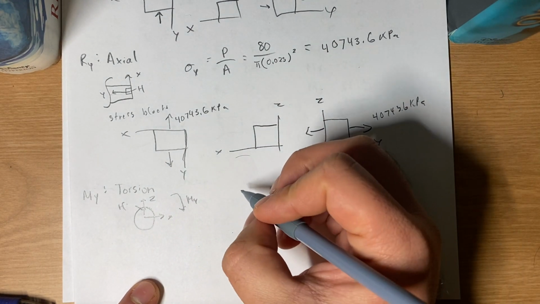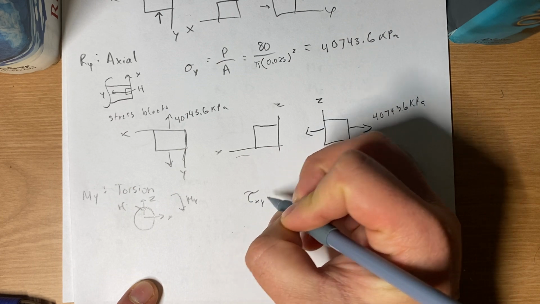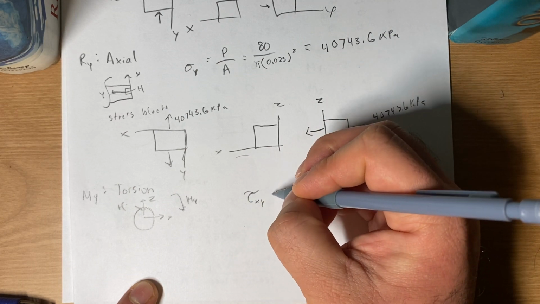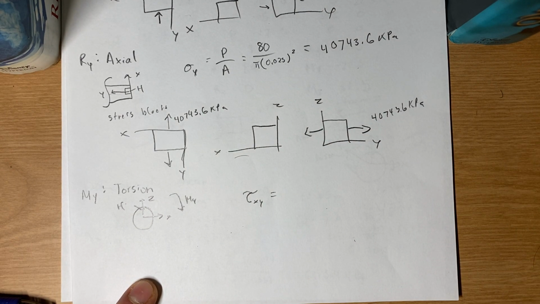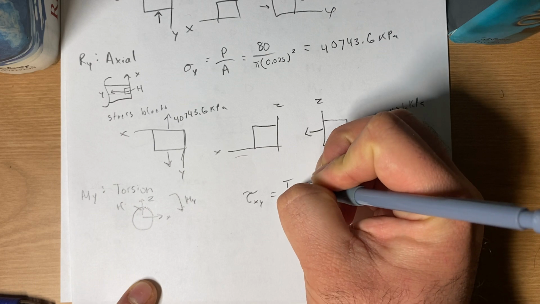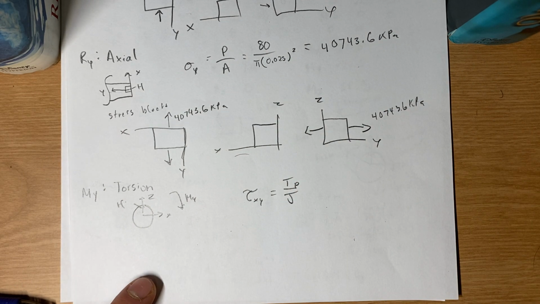So the equation for this is my tau XY is going to equal TP over J. My T is just my torsion, which is my force.